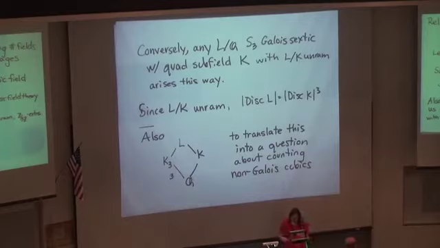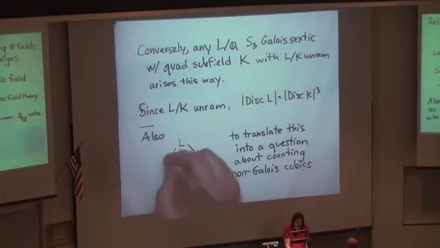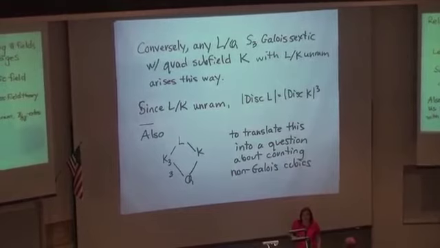We still need to impose all the local conditions so that when we start with the K3 and we make the L, L over K will be unramified and K will be imaginary quadratic. But with all those conditions, we can put those conditions on the K3. And so now we see that this particular average of averaging the number of surjections from the class group of K to Z mod 3 can be translated into a question about counting certain cubic number fields.